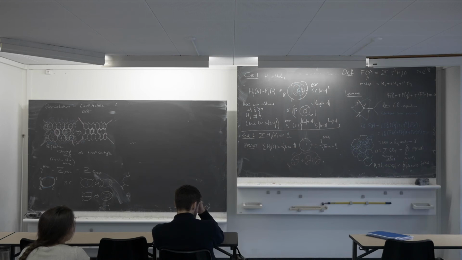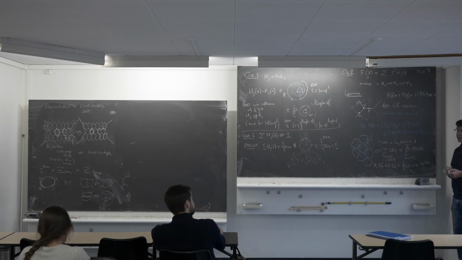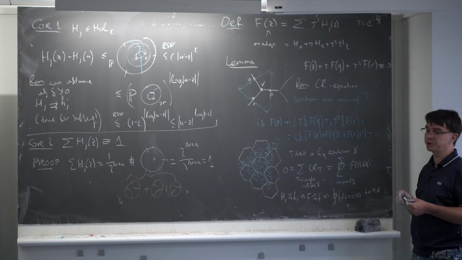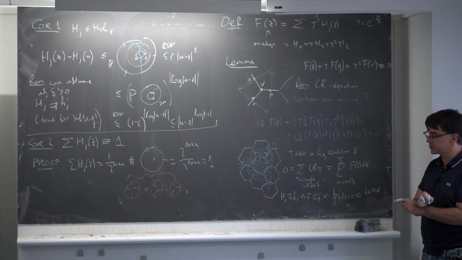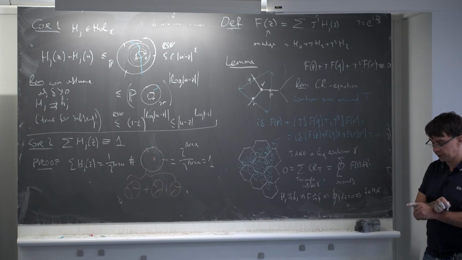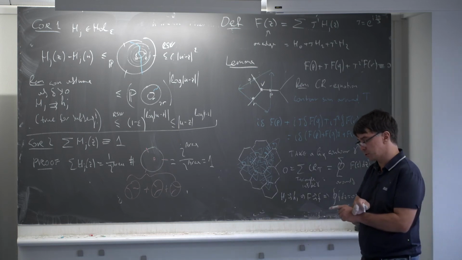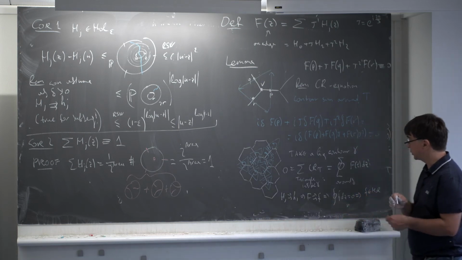So I want to make here a small remark that this is very different from loop erased random walk and uniform spanning tree. It looks the same, but it's a bit different. Well, very different. Because in uniform spanning tree, we had genuine Cauchy-Riemann equations, and we didn't even, in principle, have to use any properties of uniform spanning tree.